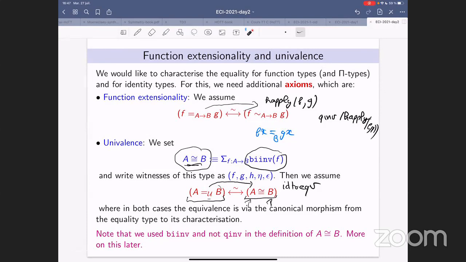Okay, so this function here that goes from here to here will be called UA, which means univalence axiom. And I don't remember if there is a name here. There should be a name, but I don't remember what name is used.